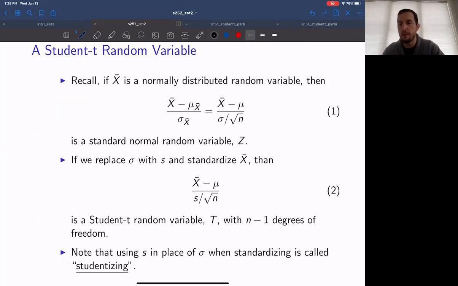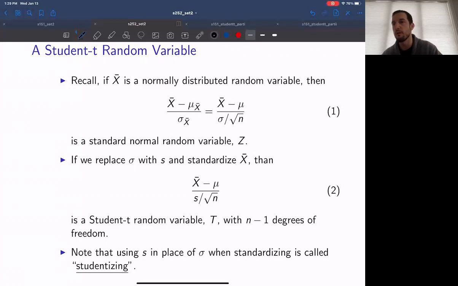Now, if sigma is unknown and we have to replace sigma with little s, then equation 1 turns into equation 2, and now what we have is the studentization of x bar. So we are no longer standardizing, we are studentizing. And the result is that equation 2 is not standard normal distributed.